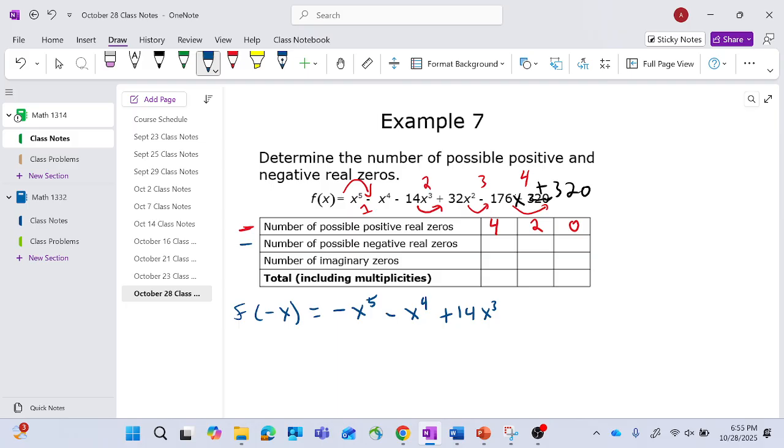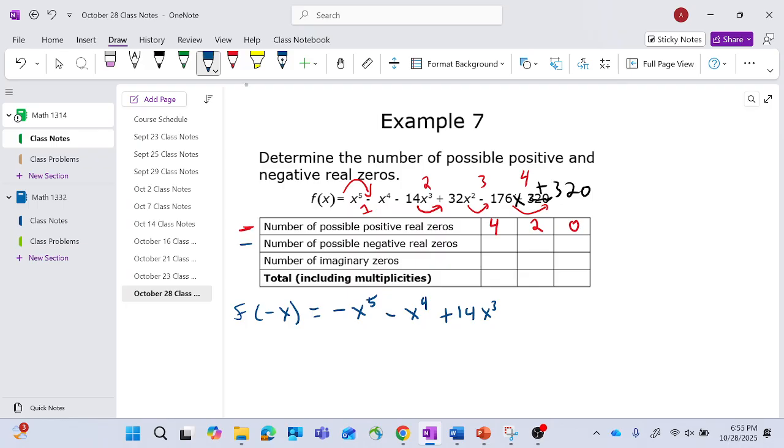So all we're doing here for f of negative x is finding all your odd degree exponents, so the 5, the 14x cubed, the x, and changing those signs. That's all you need to do because only odd power exponents will have their signs change. Or you could plug it in if you want to, but you're just going to end up doing the same thing I'm doing right here. Does that make sense? Everyone else, are you okay?